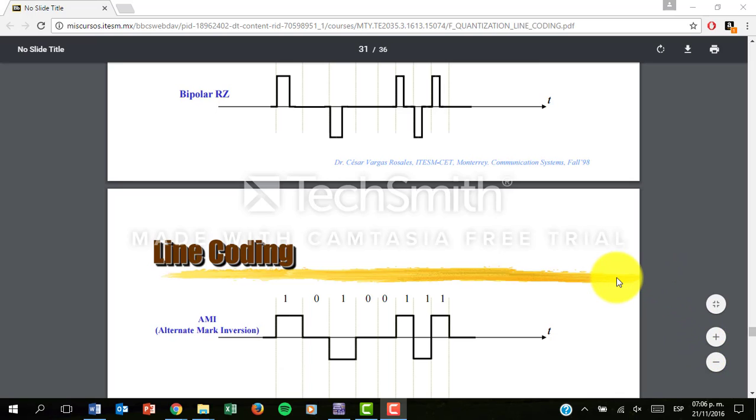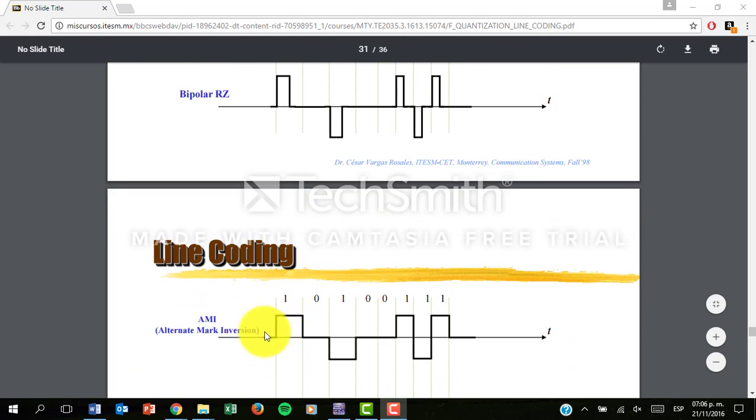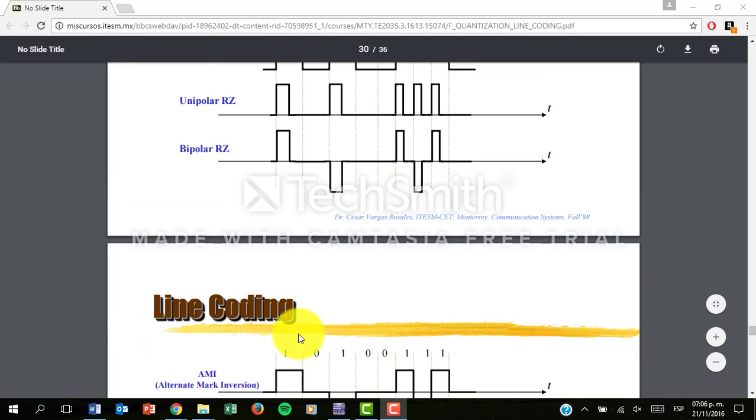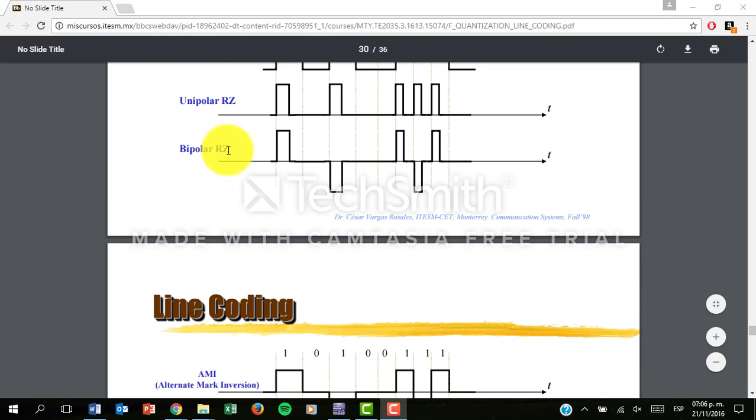So this is the explanation for the bipolar RC line coding and the alternate mark inversion. These two line codings are very similar. The only difference is that the AMI, or alternate mark inversion, has a complete pulse, while the bipolar RC has half the pulse.